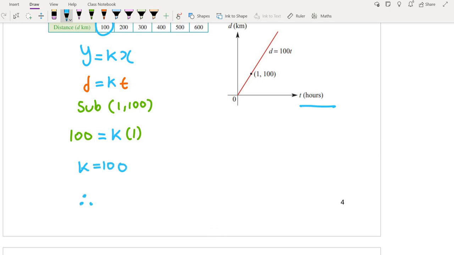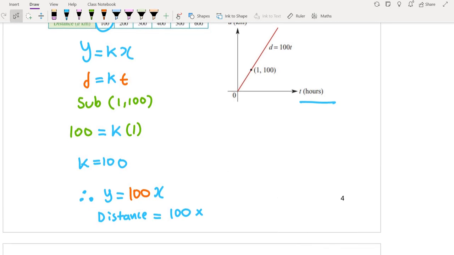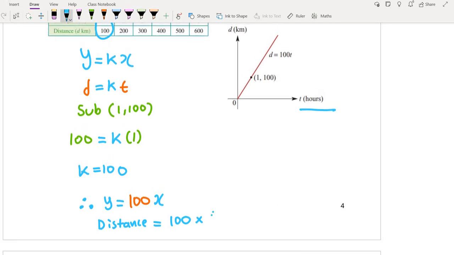So in this case, our equation is y equals 100 for k times x. And because we're given this in terms of different variables than x and y, we should write it as distance equals 100 times, and instead of x, we should write time.